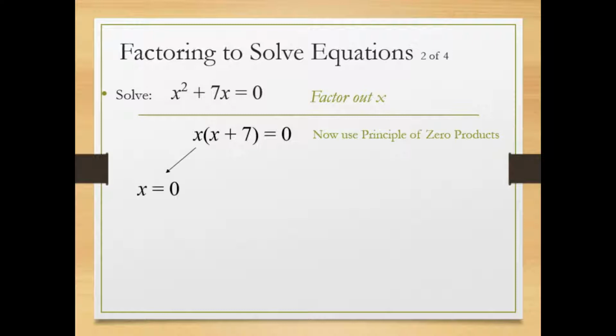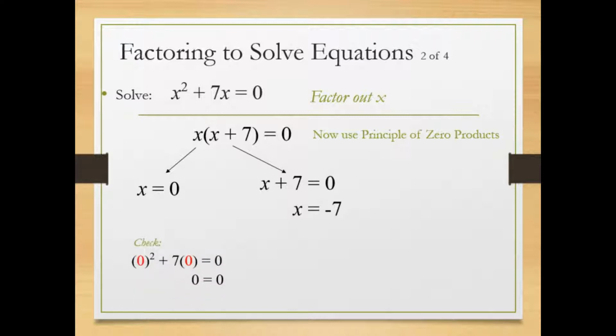Setting each one of the factors equal to 0, we have the following. Nothing needs to be done here. We have one of our solutions, but subtracting 7 from each side leaves us with x equal -7.